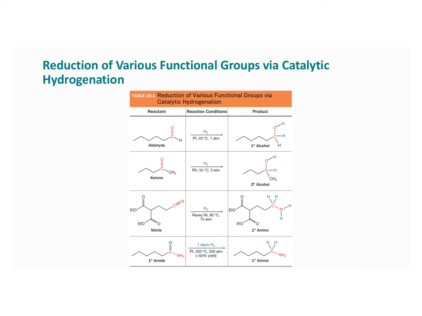It's because these other functional groups are more difficult to reduce, and it's particularly true for the reduction of the amides down here, because the product amine that we get, that amine group, poisons or deactivates the metal catalyst.